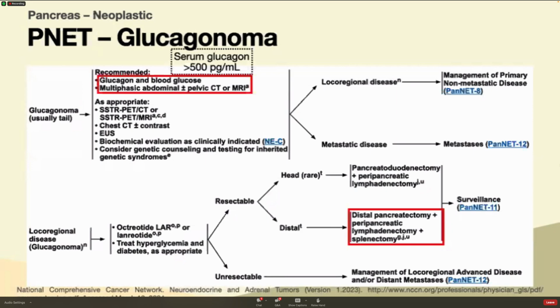So for the workup, we test the serum glucagon level and also the blood glucose. And for the imaging, we request a multiphasic abdominal CT or MRI. Then for resectable disease, since this is usually at the body and tail, the surgical management is a distal pancreatectomy with lymphadenectomy and splenectomy.